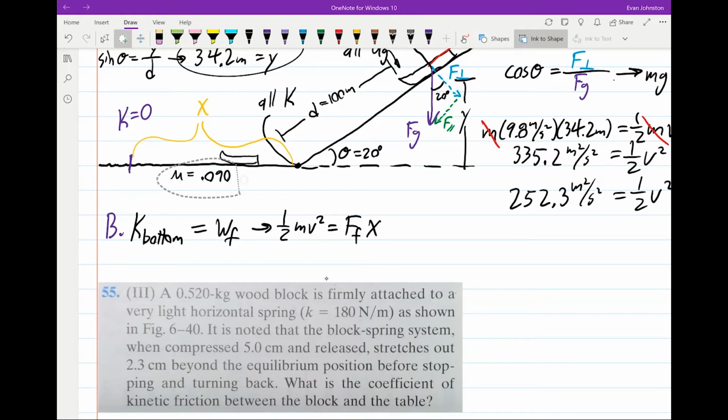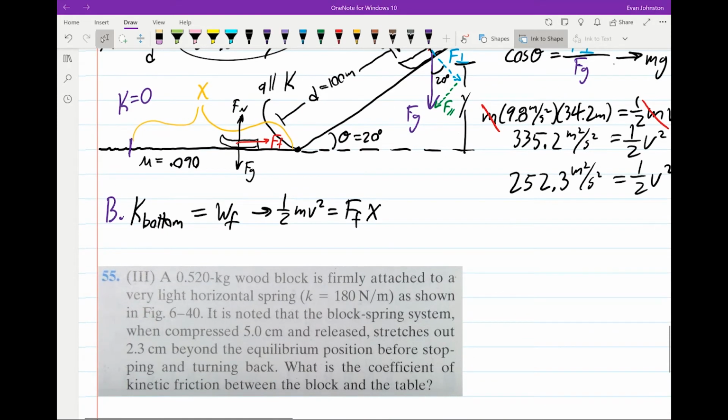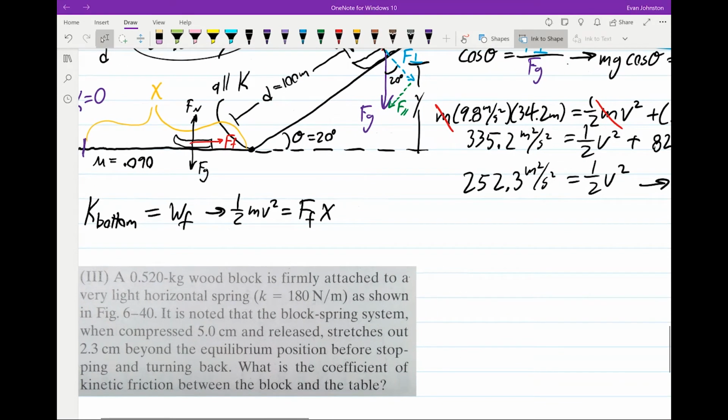And we see that if we look at the ski here, all that's acting on it, we have gravity, we have the normal force, and again, we have friction dragging it down. So if that's the case, I would rewrite friction. I would say that this frictional force, I'm going to rewrite it over here on the side.